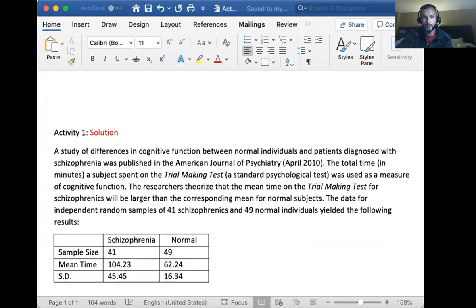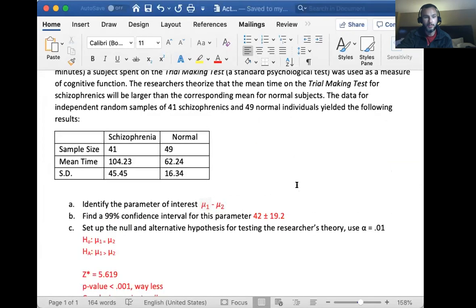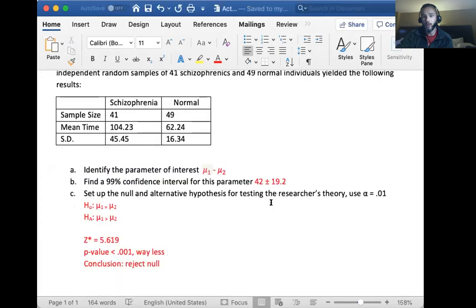Well, aren't you supposed to word it in terms of the null hypothesis instead of the alternative? That's more of a syntax debate. Some people like to word it in terms of the null. Some people like to say it's more likely that this is the case. I teach it both ways. If you were going to word it in terms of the null, you would say, observing a p-value of 0, there is sufficient evidence at the 0.01 level to reject the null hypothesis.